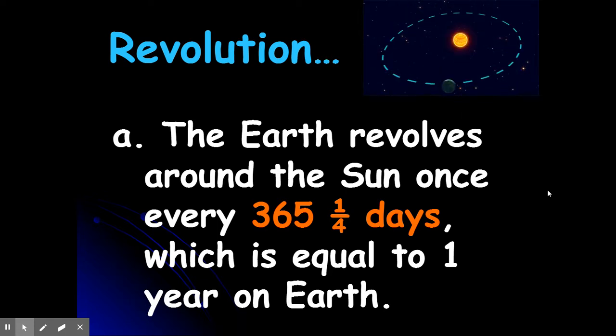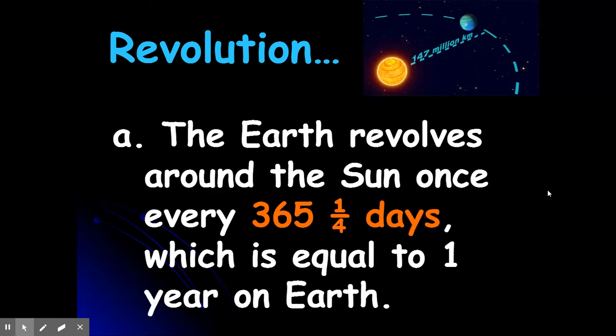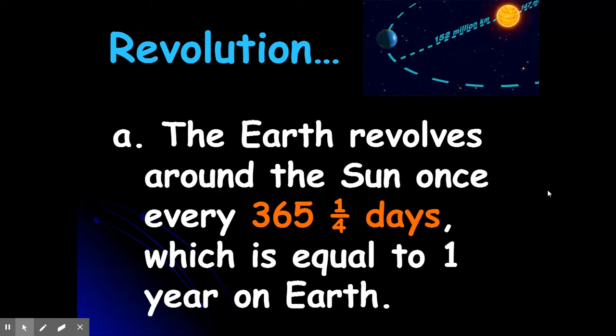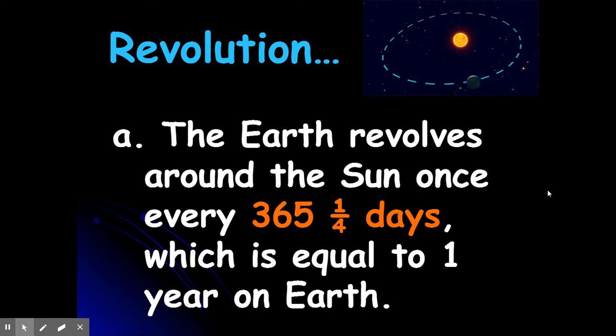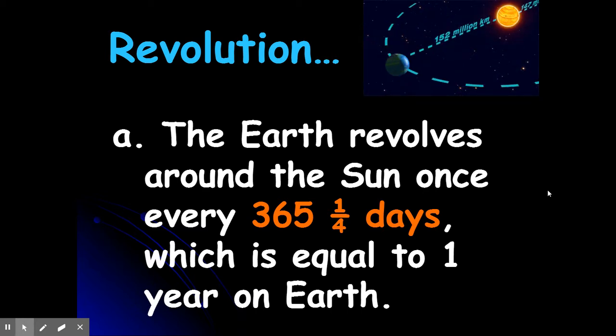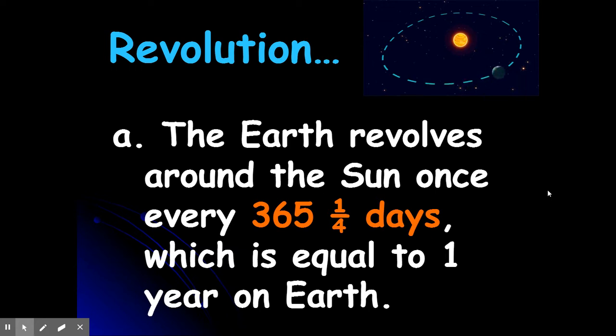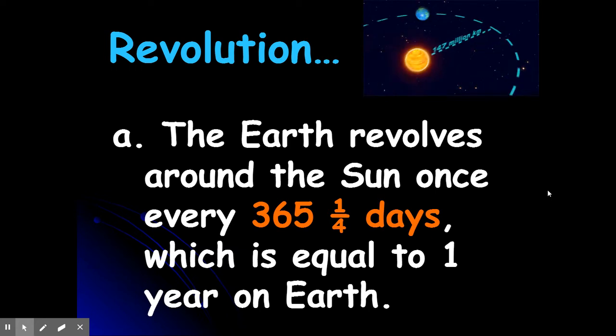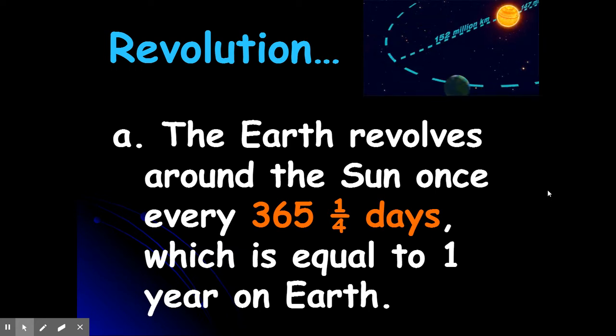Okay, so let's talk about that quarter day for a minute. 1/4 of 24 hours is 6 hours. So another way to say that is that the length of our year is 365 days and 6 hours.